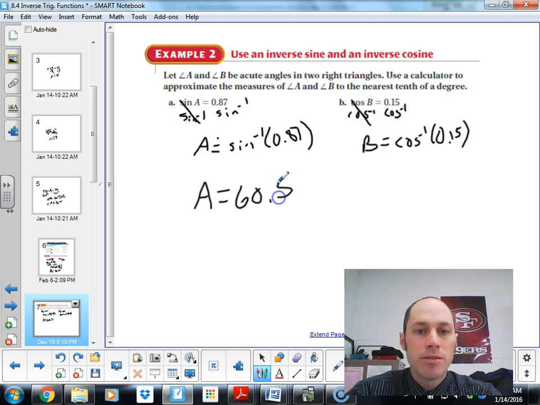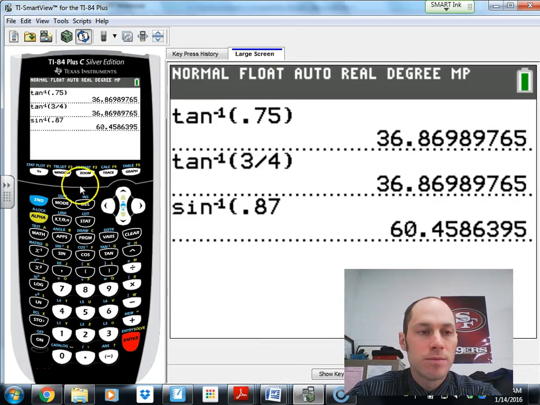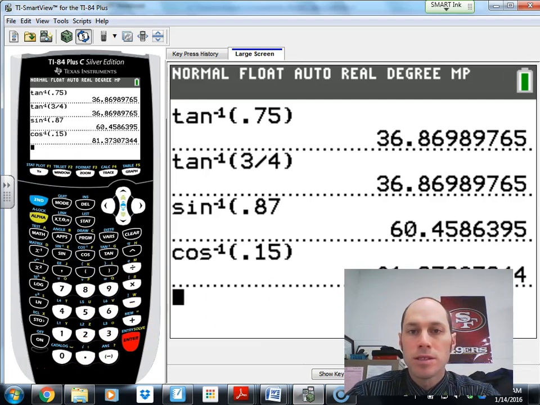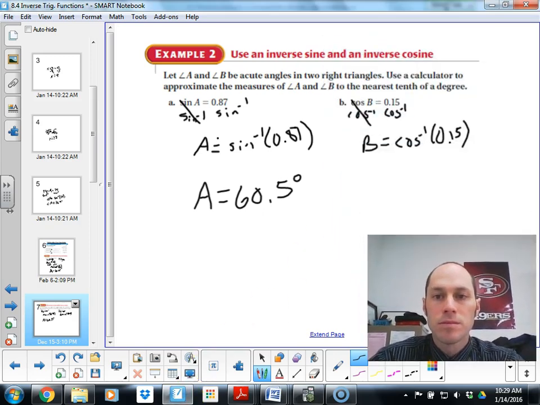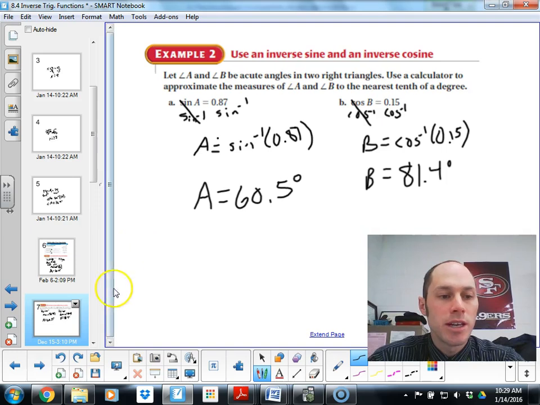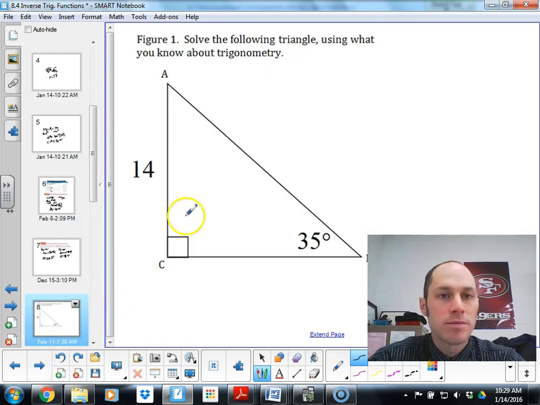And then cosine inverse of 0.15 will give us 81.4 degrees. So B would be 81.4 degrees in that situation. So that's how you use your calculator to help you find sine inverse, cosine inverse, or tangent inverse.